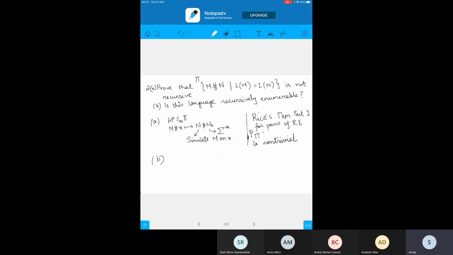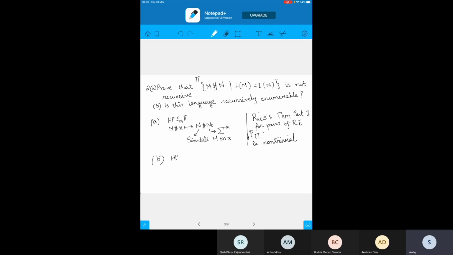Is this language recursively enumerable? Ma'am, with N0 accepting phi, I think we make a reduction from HP complement to pi, and hence it's not recursively enumerable. There is still one step left, right?